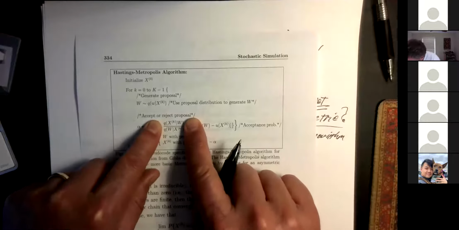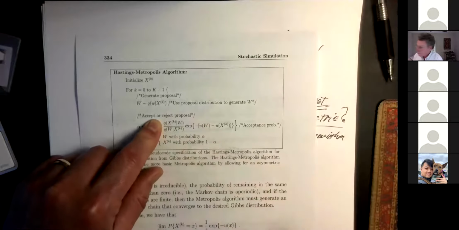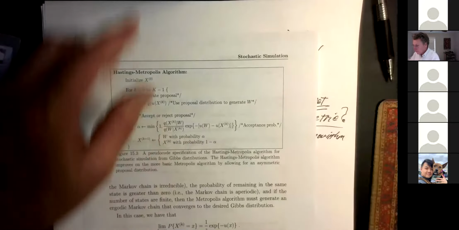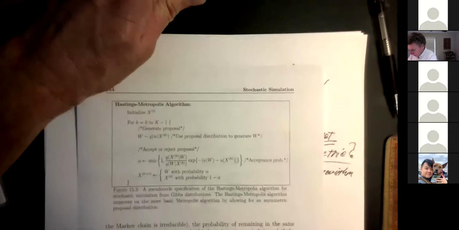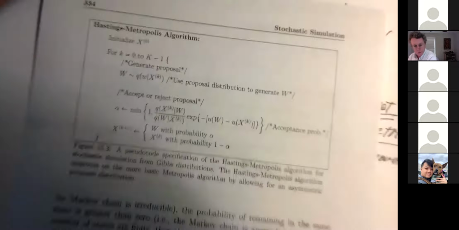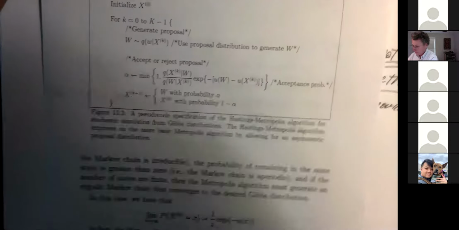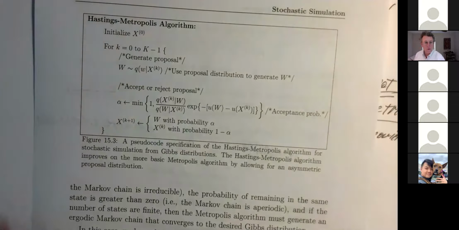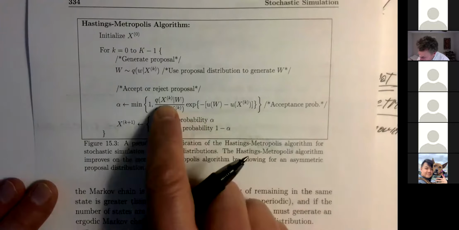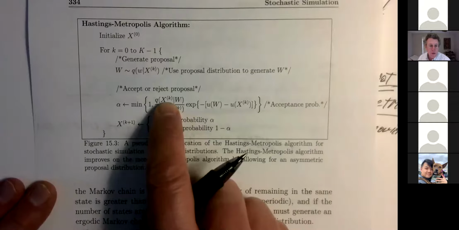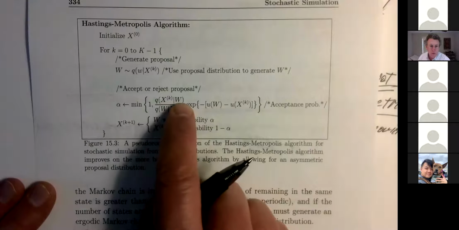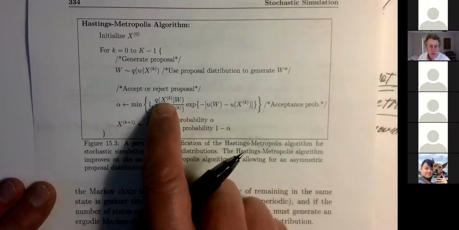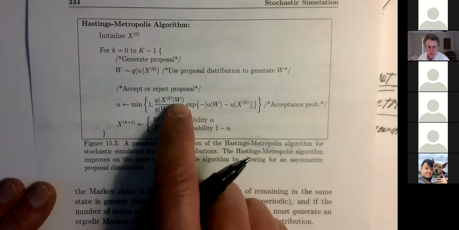Let's look at that ratio. So I'm in state X and I'm proposing state W. This thing tells me how probable it would be to propose the state I'm in, given the state I'm proposing to go to.